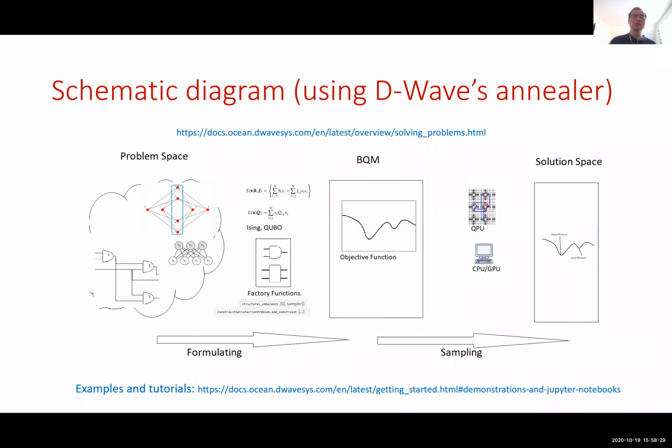This is a schematic diagram of their annealer. These are the problems you want to solve, and you can turn them into the binary quadratic model listed here, use their machine to solve, and then get from the quantum state to measurement and check the solution.